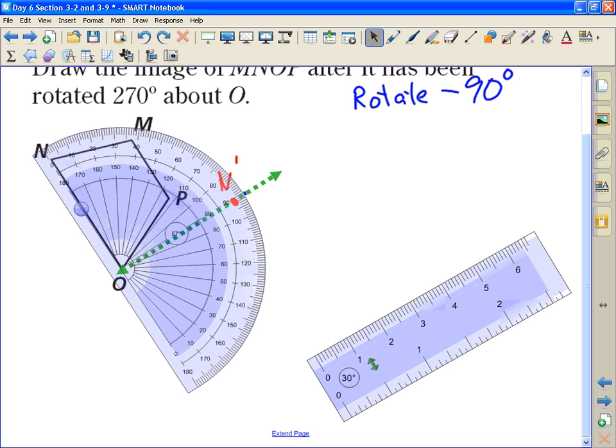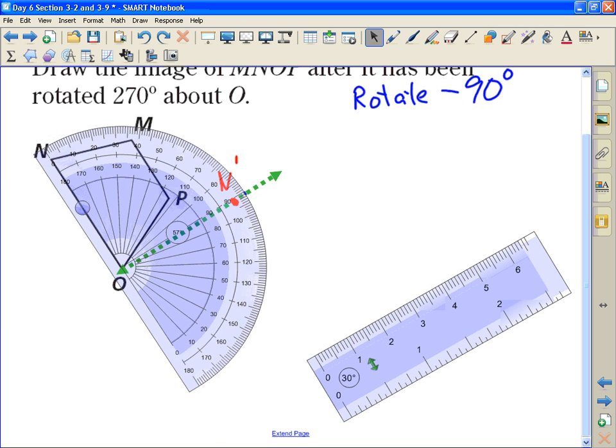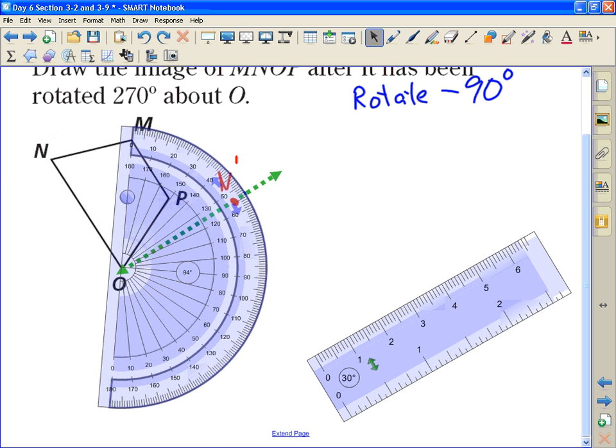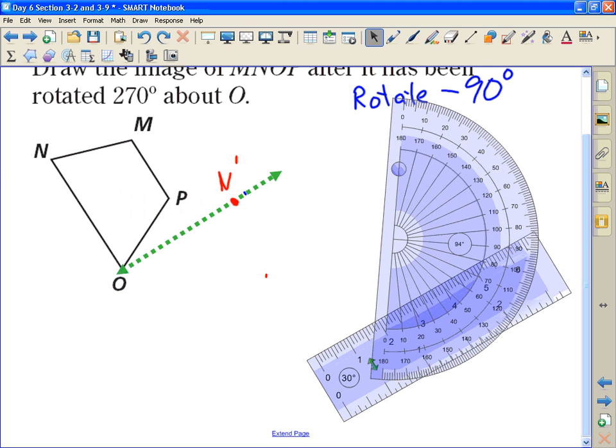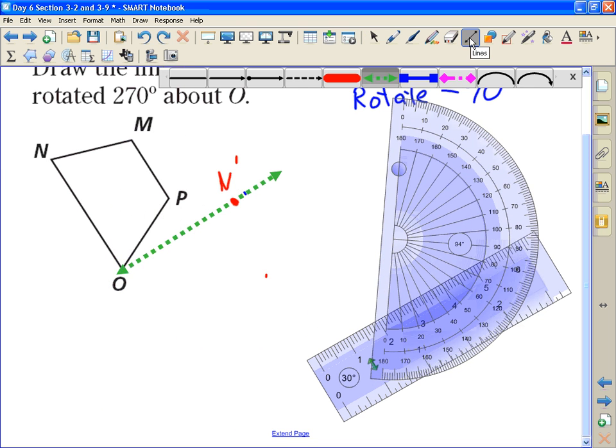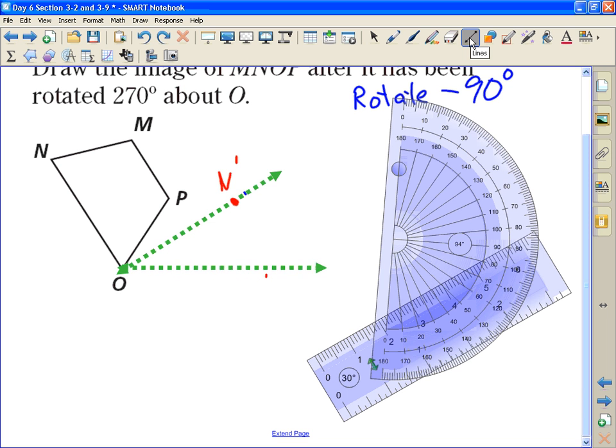Point M. Turn my protractor now, so 0 goes through M, 90 degrees. Negative 90 means I'm going 90 clockwise. Make a dot there. Draw a line. I know point M will have to be somewhere on the green line that I just constructed.